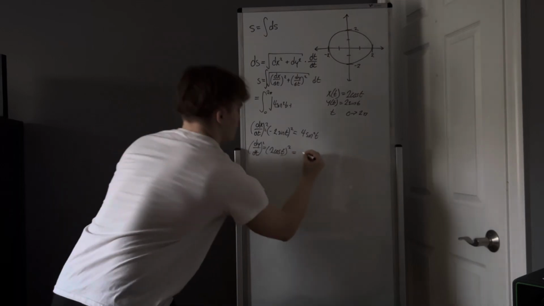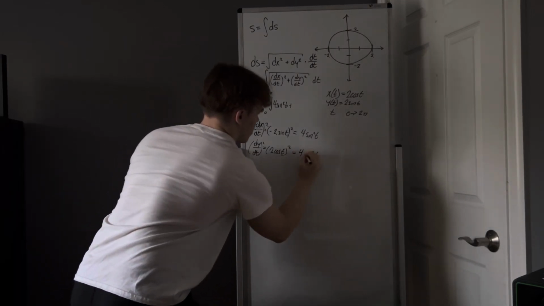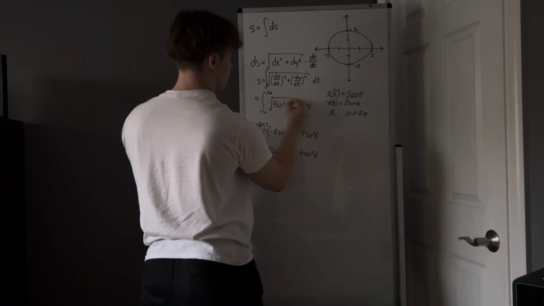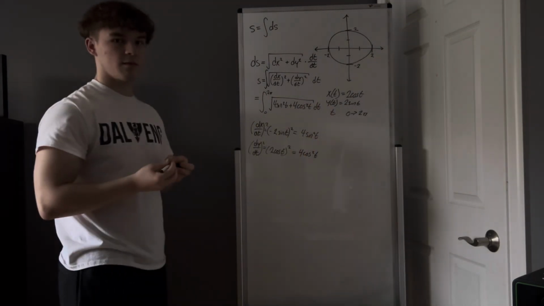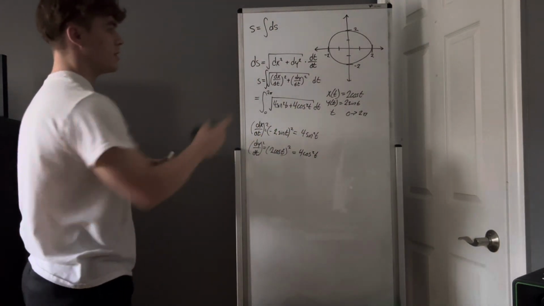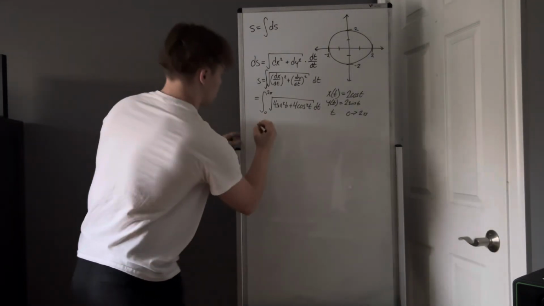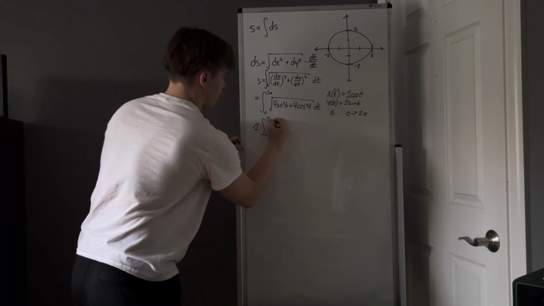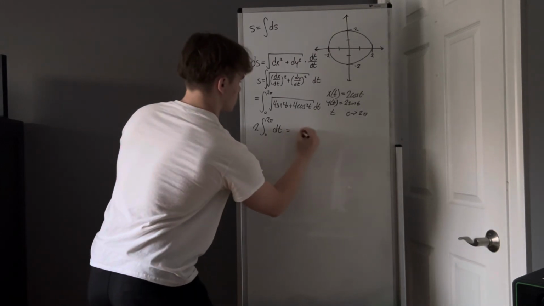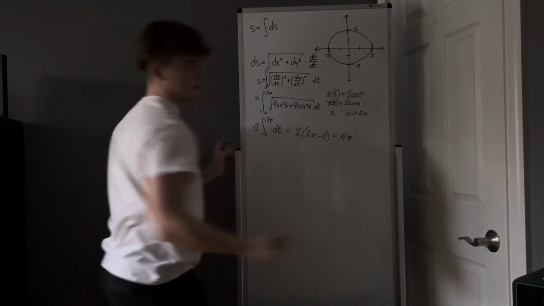And what we're going to get is 4 sine squared of t plus 4 cos squared of t, dt. Very interesting. We get a sine squared plus cos squared, that's 1, times root 4, that's 2. So we just have 2 times the integral from 0 to 2 pi of dt. This is just 2 times 2 pi minus 0, and we get 4 pi.